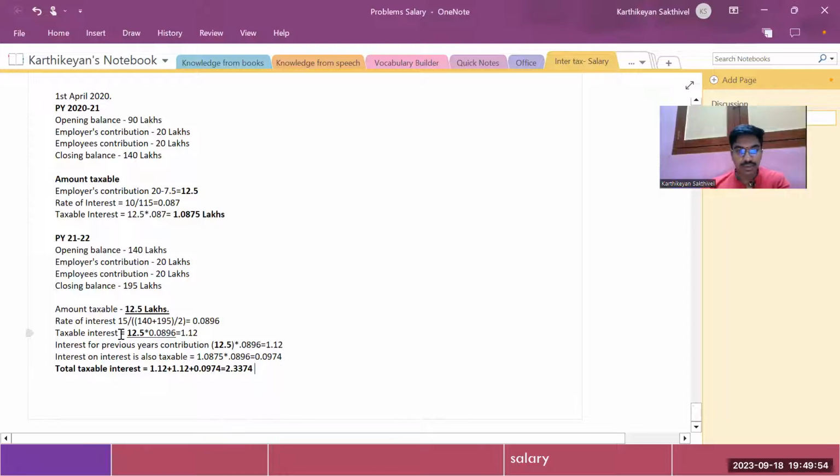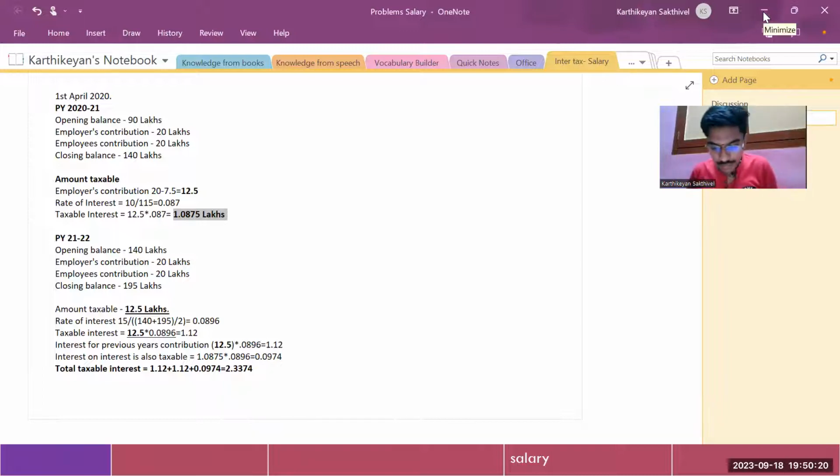எதுக்கு உண்டான இன்ட்ரெஸ்ட் டாக்ஸ் பண்ணணும்னா ஆல்ரெடி டாக்ஸ் பண்ண எக்ஸஸ் ஆஃப் 7.5 lakhsக்கு இருக்கிற இன்ட்ரெஸ்ட், கரண்ட் இயர்ல 7.5 lakhsக்கு மேல கான்ட்ரிபியூட் பண்ணிருக்கோமா அதனோட இன்ட்ரெஸ்ட், ப்ரீவியஸ் இயர்ல 7.5 lakhsக்கு மேல நான் கட்டினதுனால எனக்கு ஒரு இன்ட்ரெஸ்ட் வந்திருக்கா அதுக்கு மேல இருக்க இன்ட்ரெஸ்ட். Clear?